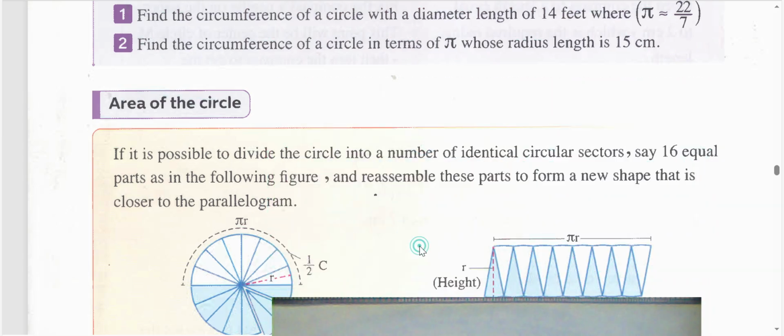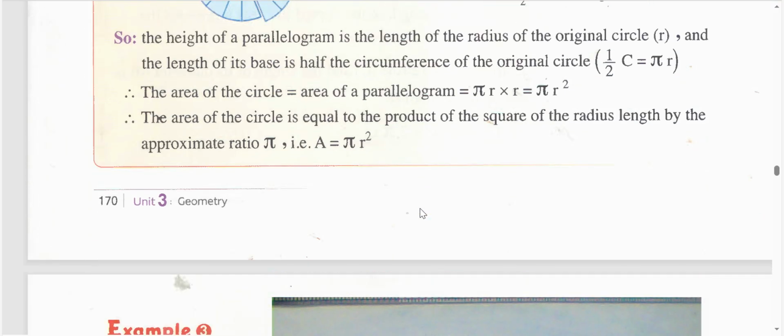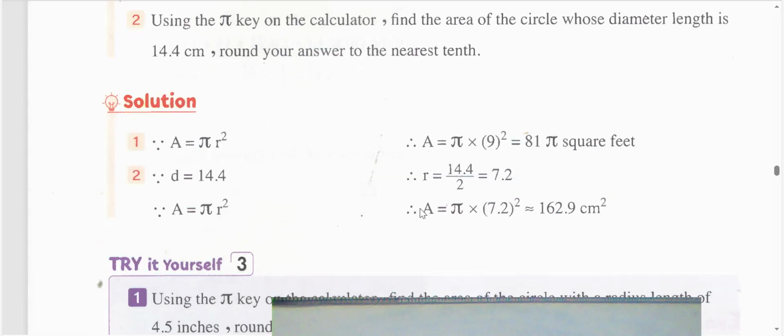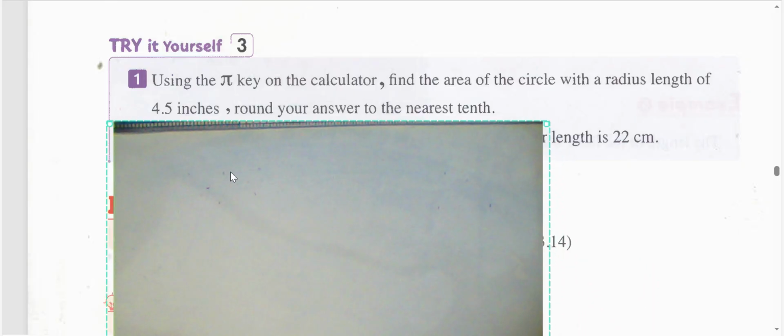Area of a circle. The area of a circle equals pi r power 2. Okay, we can find the area like this question. Number 1: using the calculator, find the area of a circle with radius length 4.5 inches and round the answer to the nearest tenth.